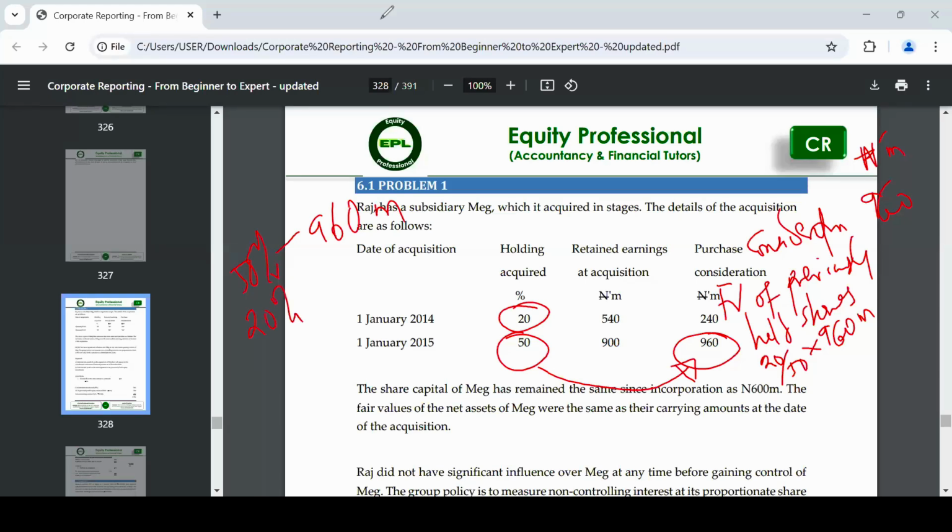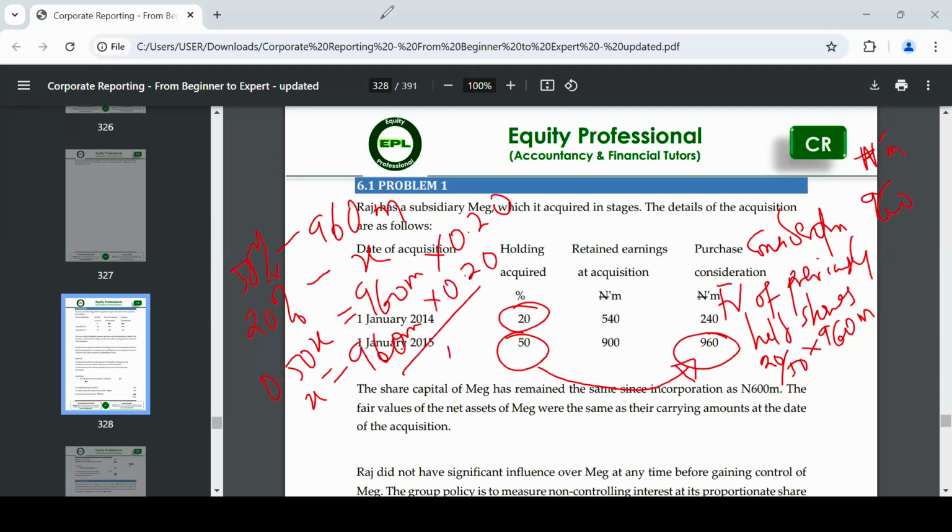Then what would we have paid for 20%? I can represent that with X. If I cross multiply, this is 0.50x equals 960 million times 0.20.